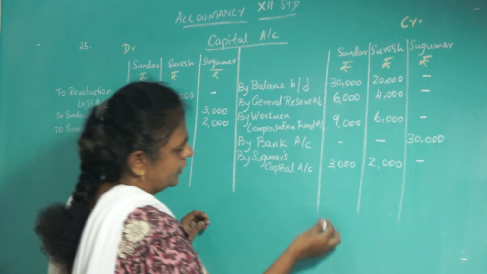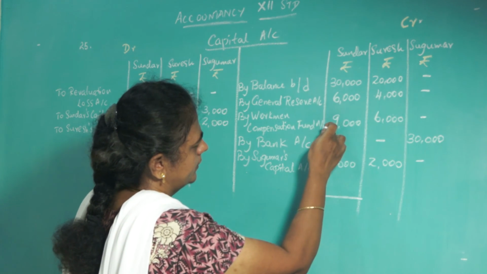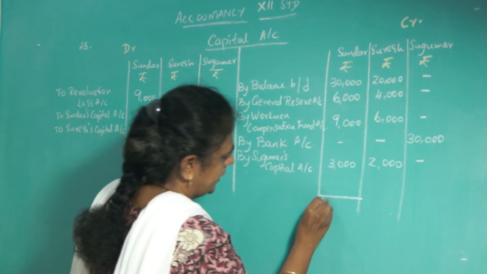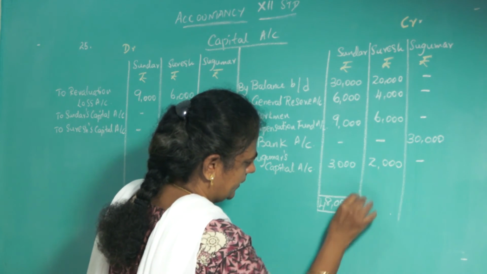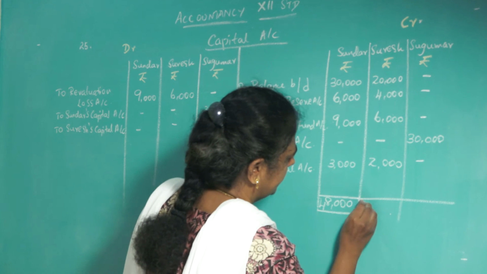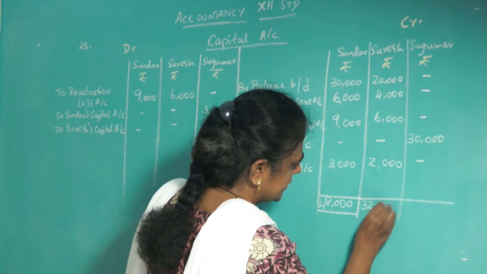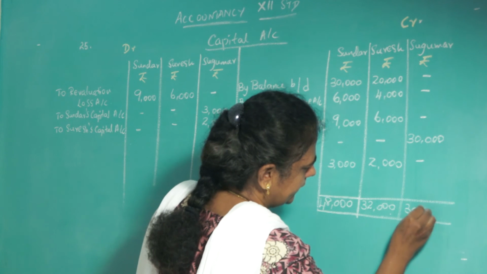Now you put the total: 48,000, 32,000 and 30,000.